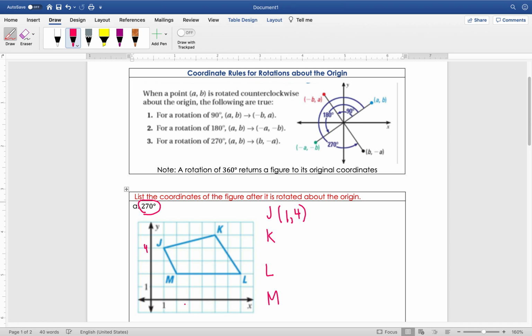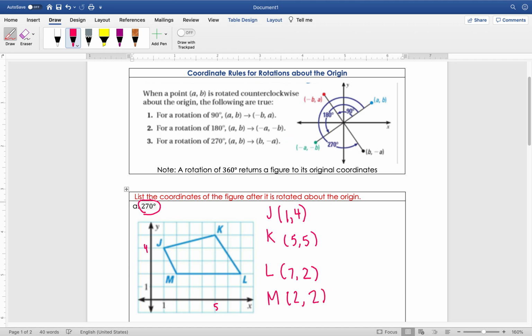The coordinates of K are 5, 5. The coordinates of L are 7, 2. The coordinates of M are 2, 2.